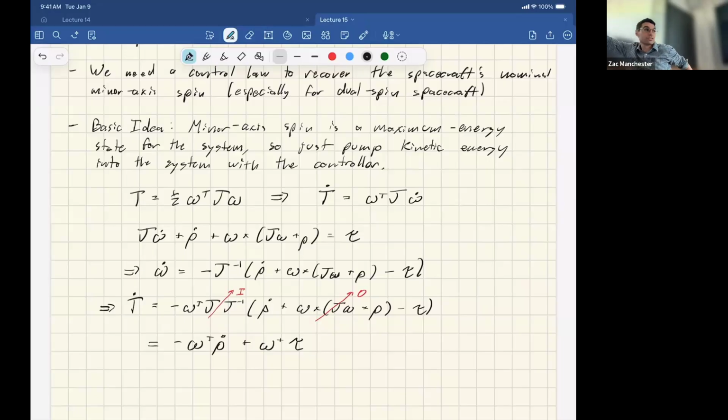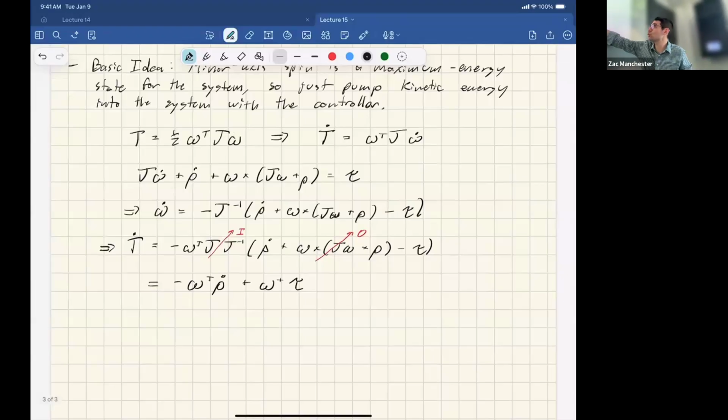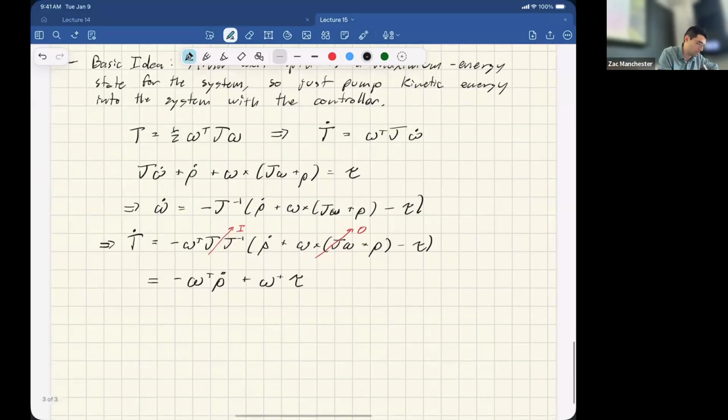So this is like my rotor stuff, and this is like thrusters or torquers or whatever. Pick your favorite actuator, and literally all I'm trying to do is drive T dot up. So I can basically make up any control law I want for rho dot and/or tau that's going to drive this T dot quantity positive, and that'll pump energy into the system.